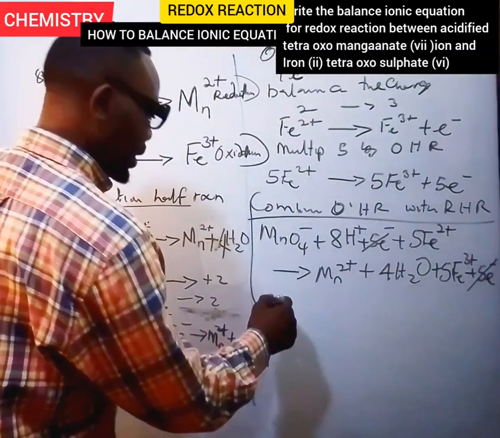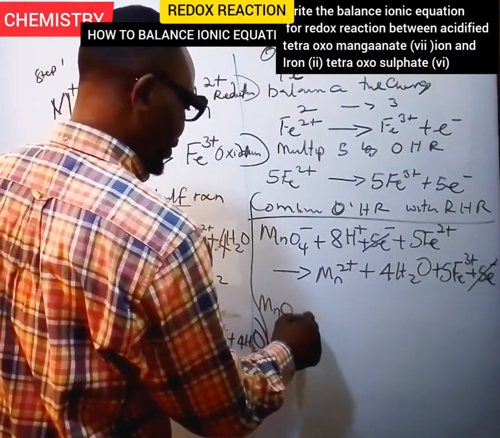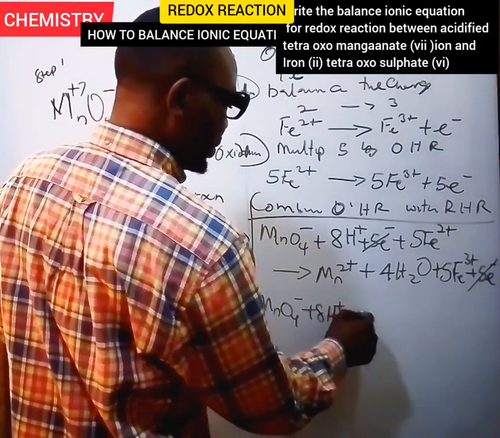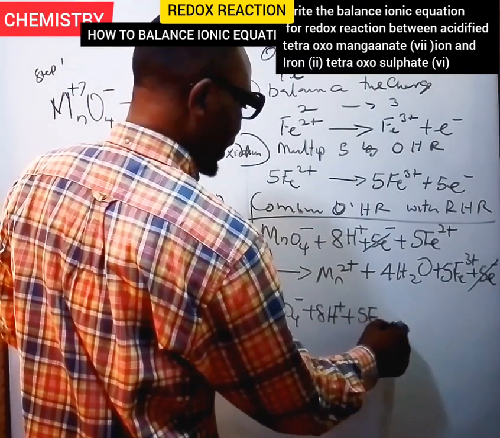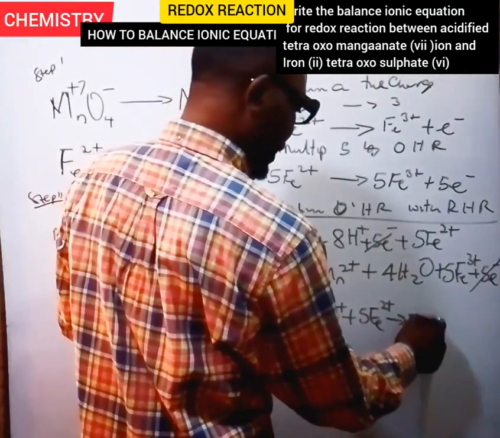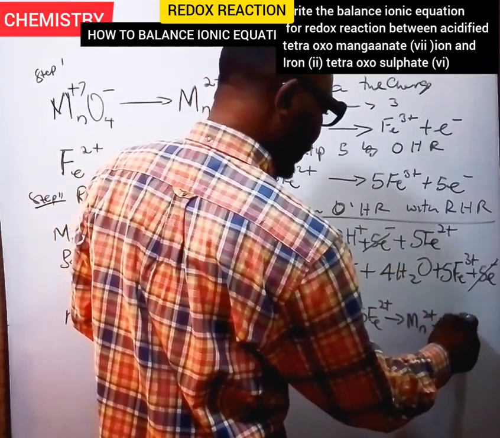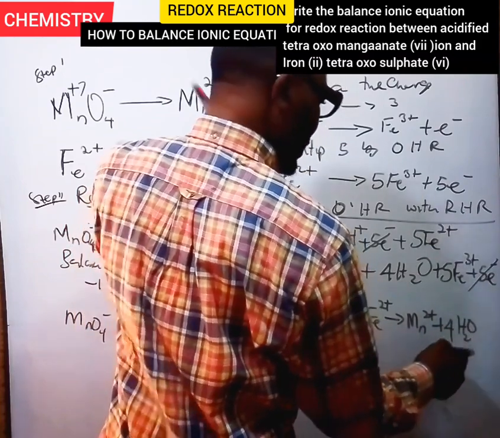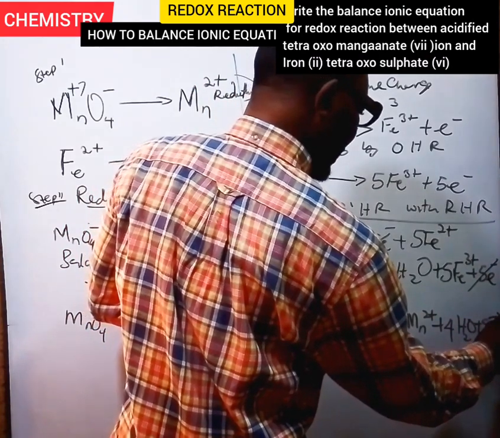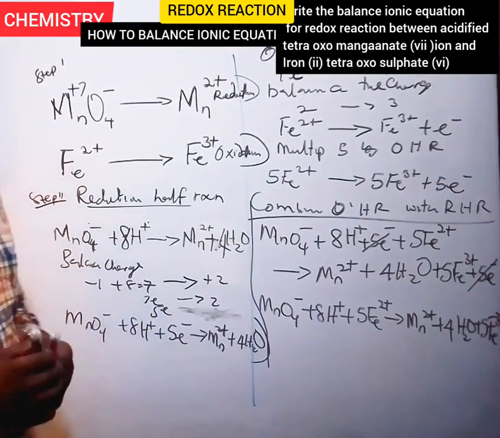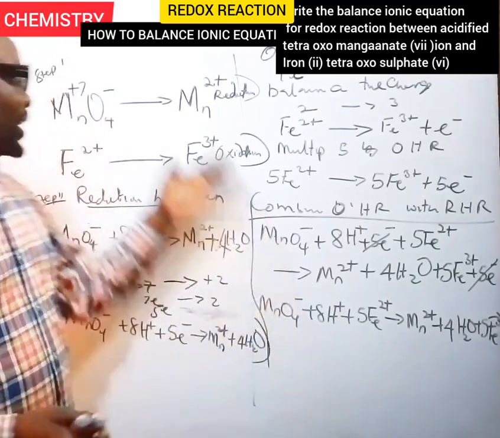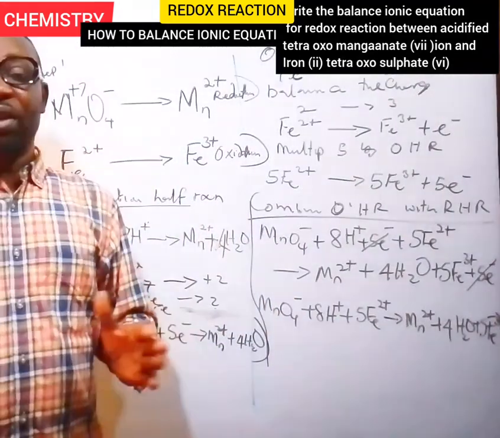So we have MnO4- plus 8 hydrogen ion plus 5 Fe2+ giving us Mn2+ plus 4 water molecules plus 5 Fe3+. That is how you solve a question of this nature. You can see how simple it is.